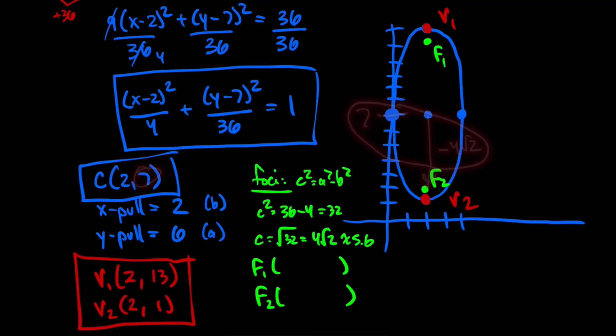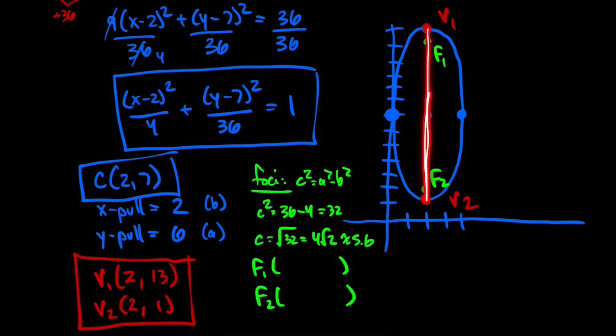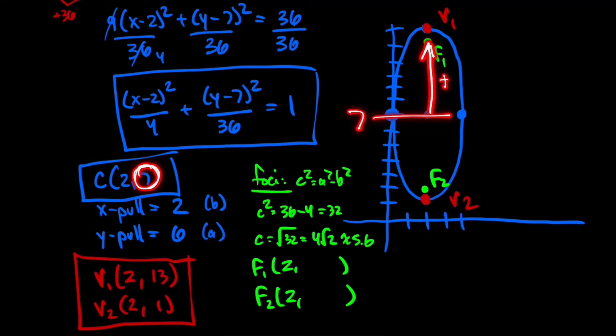We'll replace that. If you notice, they're both on the same vertical with the vertices. So that means the x coordinate has to be 2 for all 4 of those points. So that also helps you come up with the new coordinates. It's going to be 2 comma something, 2 comma something. Then you can say, oh, well, I go to my center and take that y coordinate, which is 7, and for one of them, I'm going to add 4 radical 2. 7 plus 4 radical 2.